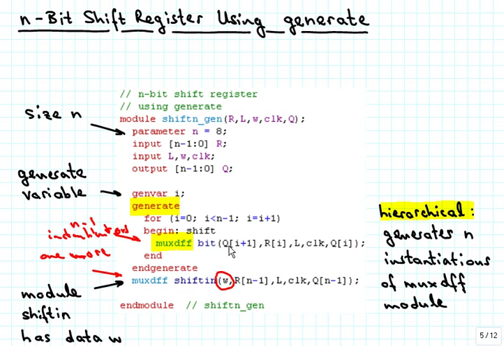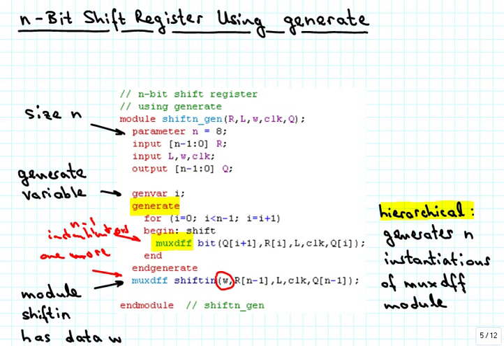So here we go, for example, Q[i+1] is going to be fed into Q[i] if L is low, and if L is high, then R[i] is going to go into Q[i] using that mux DFF module. So in this way, we can split things up into a top-level module and then some submodules that are being instantiated from the top-level module and could be reused, for example, in some other kind of context.